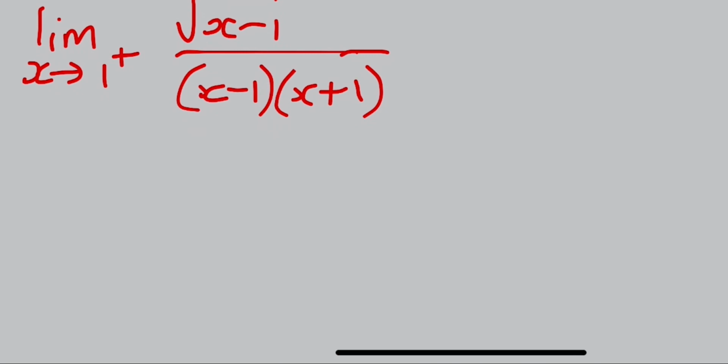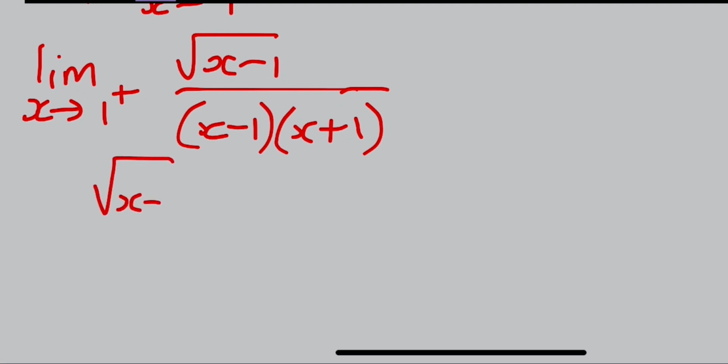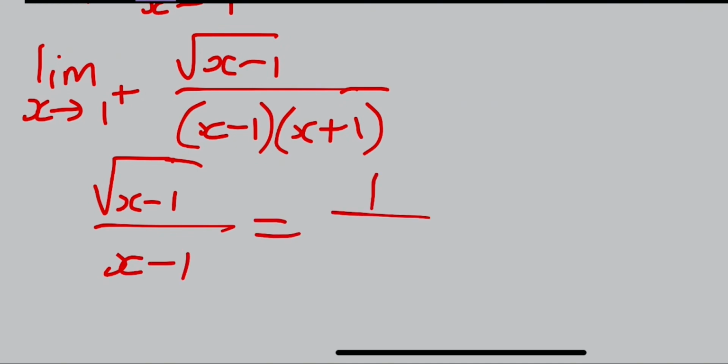So notice that the square root of x minus 1 in the numerator and x minus 1 in the denominator, they can actually be related together, right? So since they can be related, if you write square root of x minus 1 divided by x minus 1, it is the same thing as 1 over the square root of x minus 1, rationalizing.